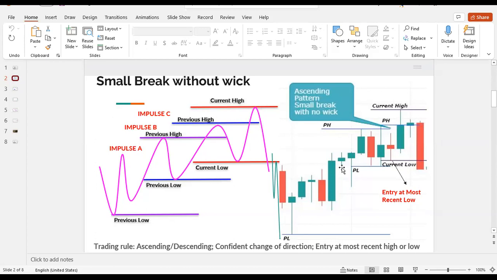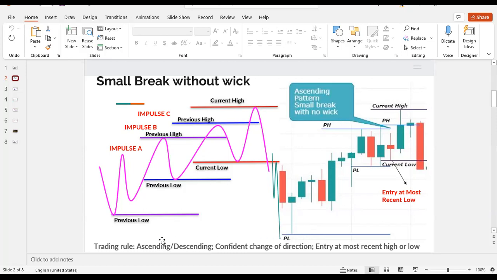And this is confirmed by this second candle that also stayed, majority of it stayed inside impulse B. So normally when you see those, there's a very high probability that the market will turn like this. And that is now what is shown by this bearish candle that comes and breaks this low. So this is what is called a change in direction.